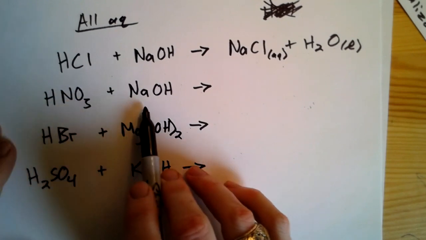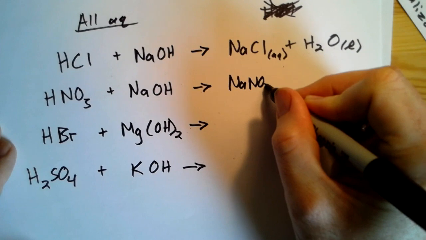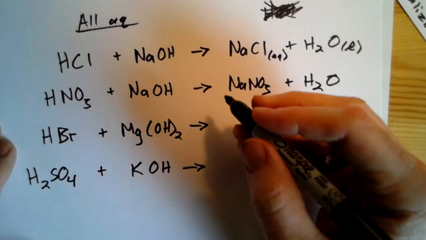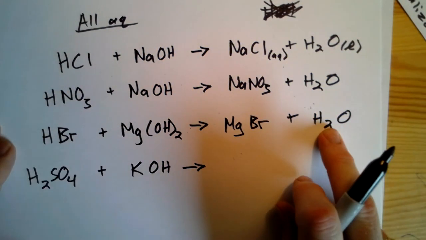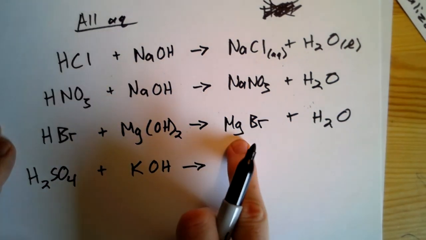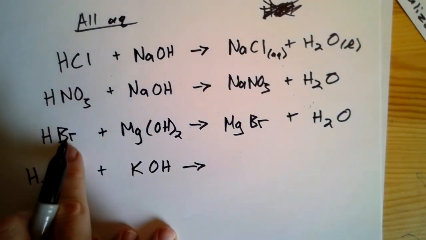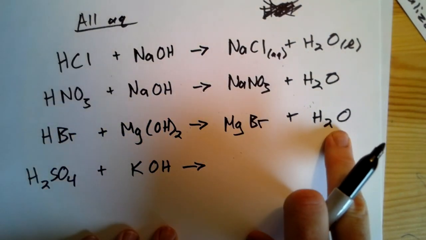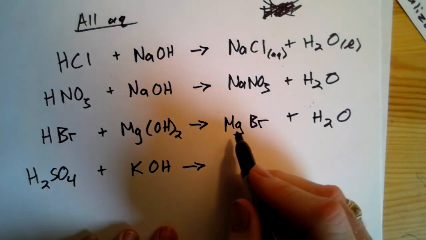And so HNO3 and NaOH will make... Mg(OH)2 and HBr. Okay, so I got some weird stuff going on here because that doesn't exist. And so I have to fix my products right here. Remember what I told you, take the inside terms and just go ahead and write them down, and then fix your products.